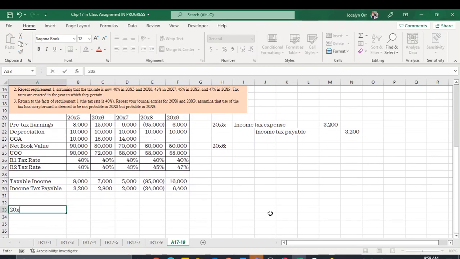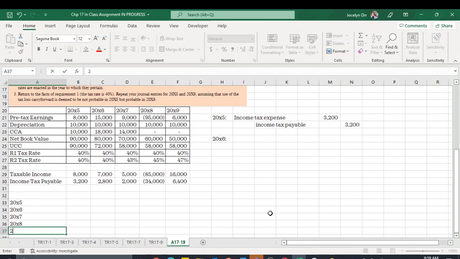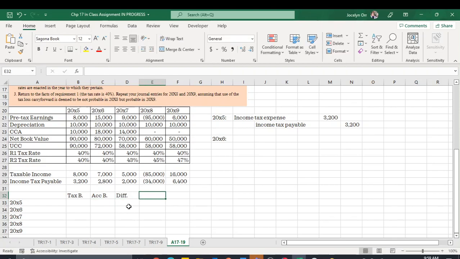So I'm going to put my years down the side here, 20X5, 6, 7, 8, and 9. We're going to look at our tax basis, our accounting basis, our temporary difference, our deferred tax, if we have an opening balance, and then, of course, any adjustment that we need to make for our journal entry.